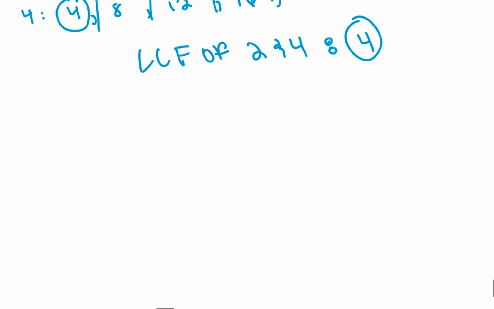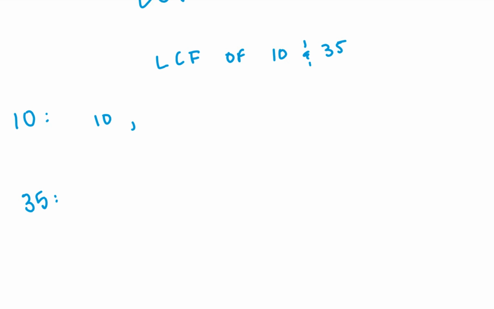Now let's do another example. Let's do 10 and 35. Least common factor of 10 and 35. We have 10, 20, 30, 40, 50, and so on.